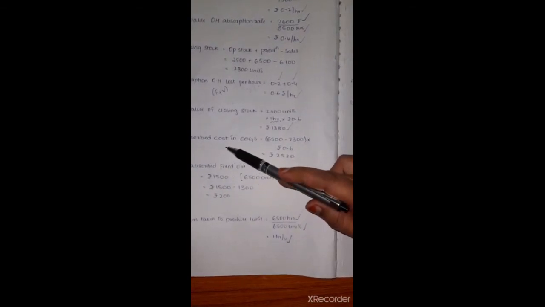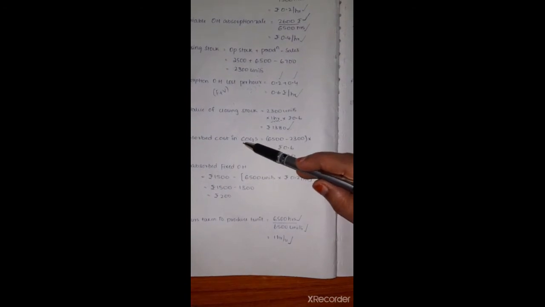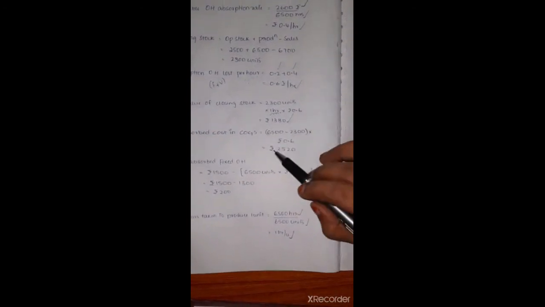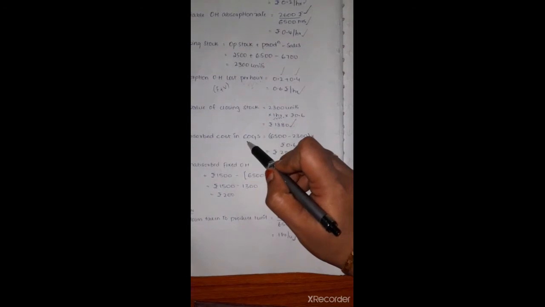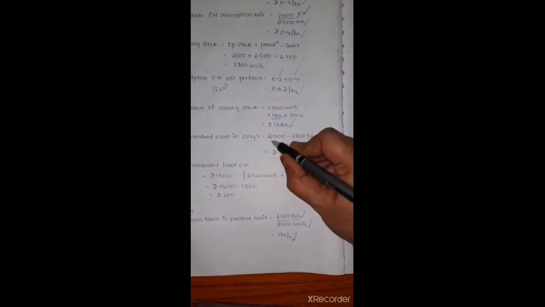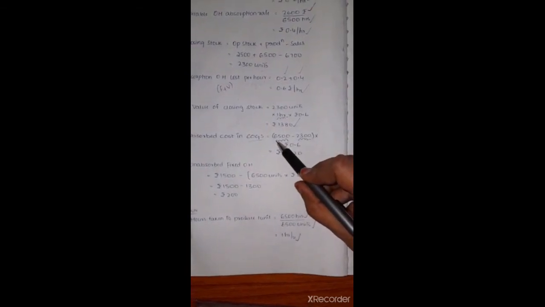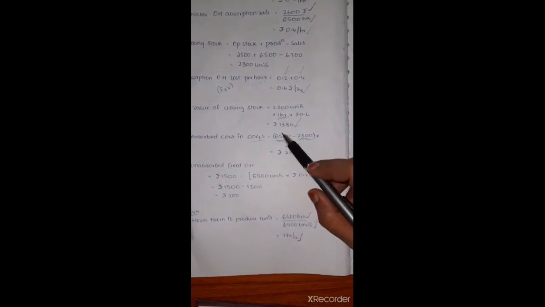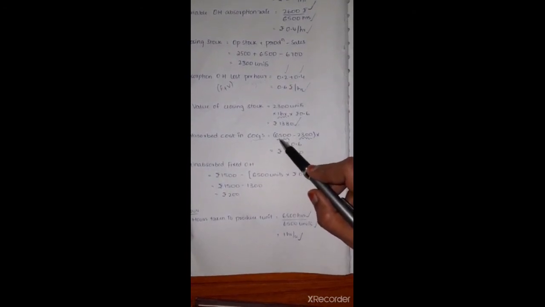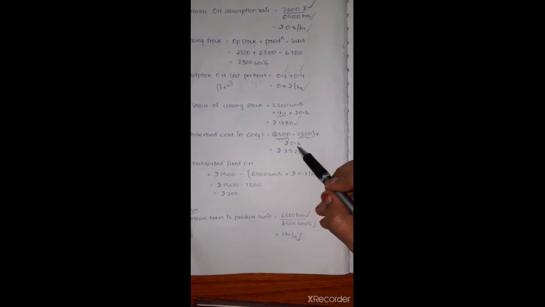The absorbed cost in COGS, which is nothing but cost of goods sold, has to be calculated on total production during the year minus the closing stock. Total production is 6500 units minus the closing stock of 2300 units multiplied by 0.06 rupees per hour multiplied by 1 hour.